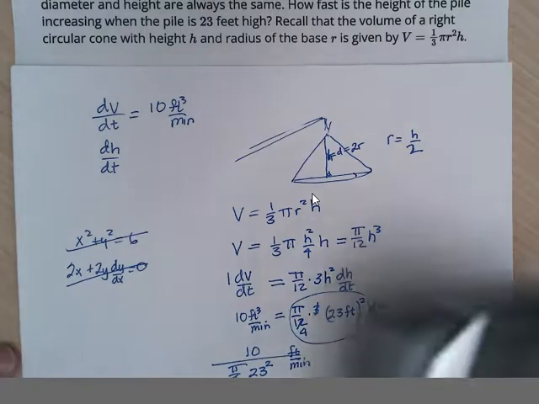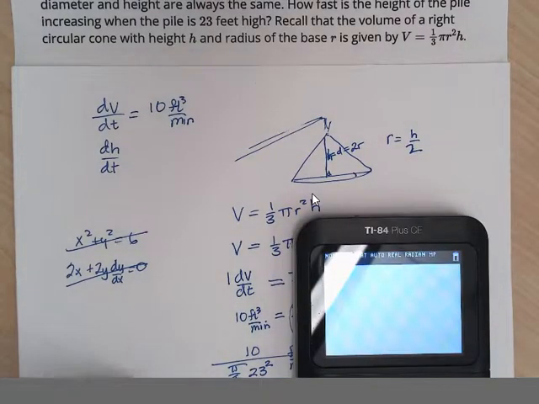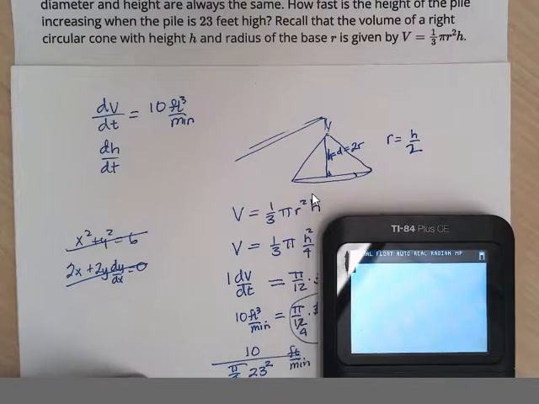Pulling out the calculator here, let's see what that number turns out to be. 10 divided by parenthesis pi times 23 squared divided by 4, close parenthesis. Oops, I didn't get pi.